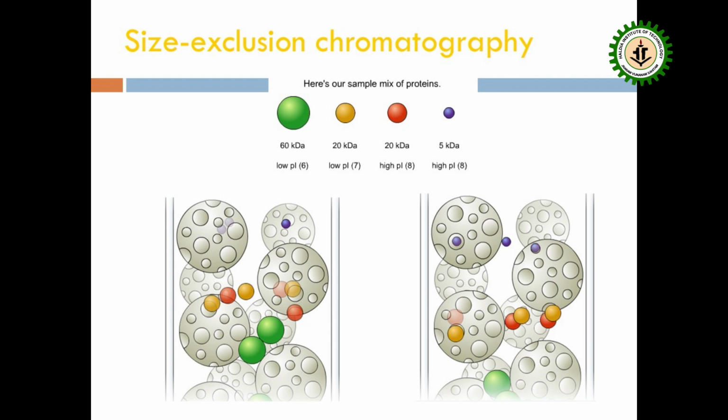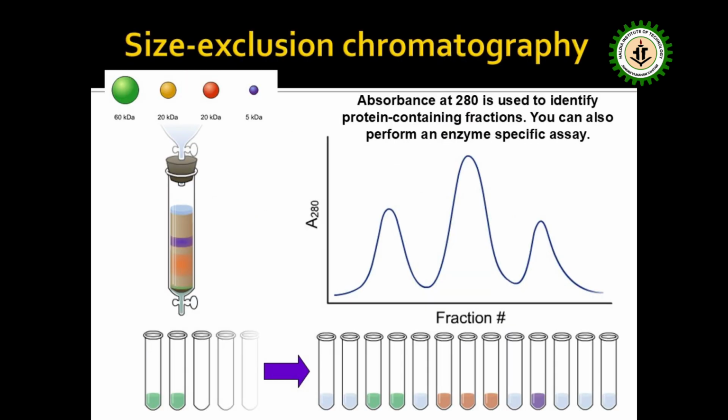And it will not separate the 20 kilodalton proteins, where one has a pI of 7 and the other a pI of 8. The 60 kilodalton protein will be eluted first. Then the mixture of the 20 kilodalton proteins, with the lower pI 7 and higher pI 8. And the last, which takes the longer time to elute from the gel filtration column, is the 5 kilodalton protein, which has the high pI 8.